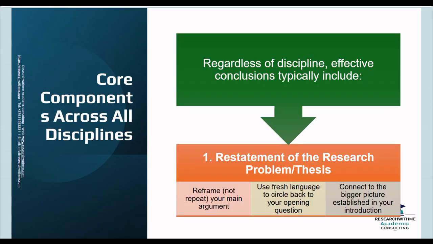So what are the core components of a conclusion session in an article? Regardless of any discipline, the first thing to do is to reframe or bring to mind what this study intends to achieve. The focus of that study should be brought to mind.